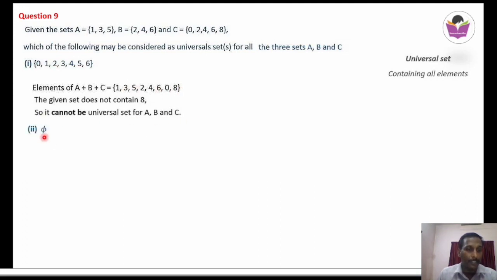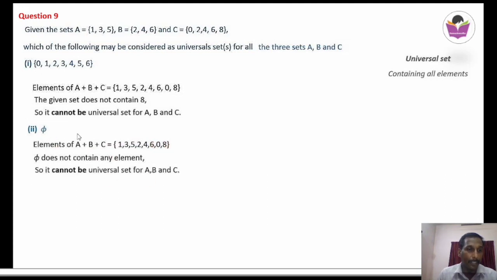Then the second one is {5}. The elements of A, B, C are those we wrote previously, and {5} does not contain all of them. So {5} cannot be the universal set. It can be a subset, but it cannot be the universal set of the given sets A, B and C. Number 3: {0, 1, 2, 3, 4, 5, 6, 7, 8, 9, 10}. Here the elements of A, B, C are 1, 3, 5, 2, 4, 6, 0, 8, and here the number of elements is more.